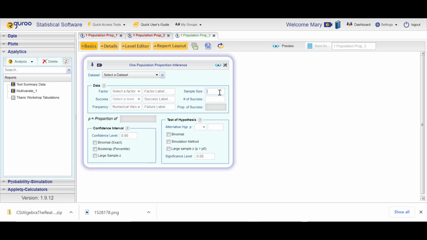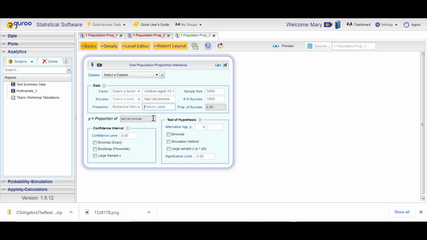All right, sample size was 5,000. And this is children aged 10 to 11. There were 1,805 children who had cell phones. If you wanted to fill in failure, they did not have cell phones.